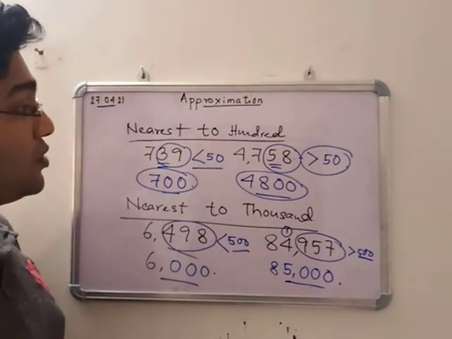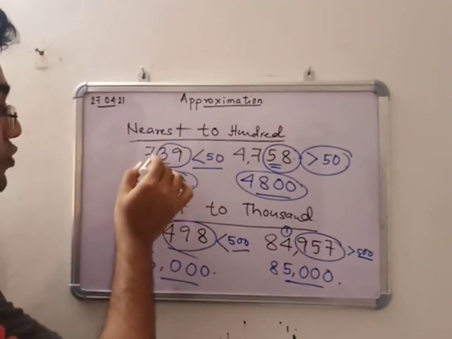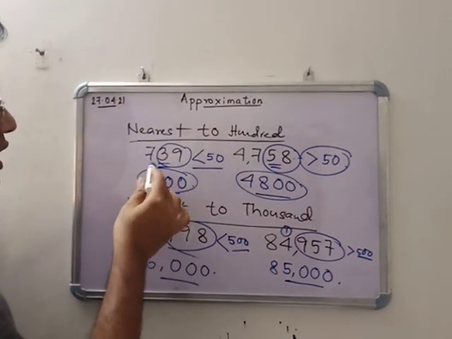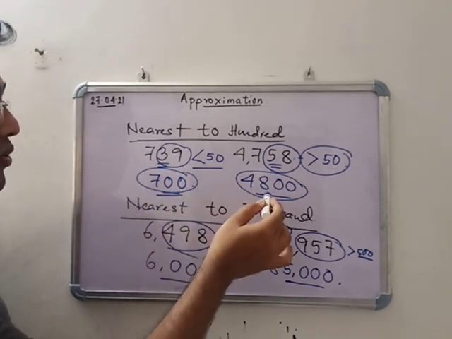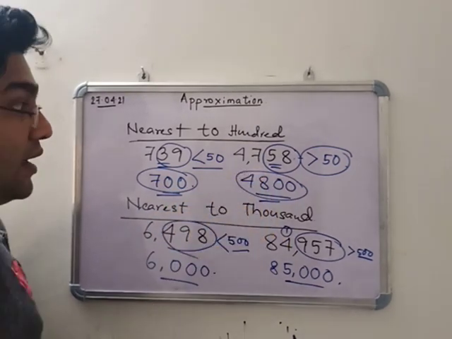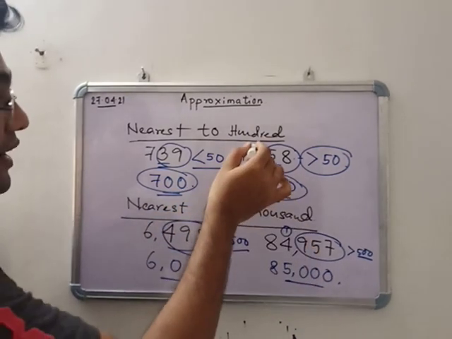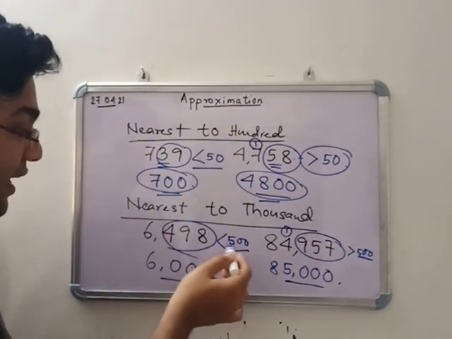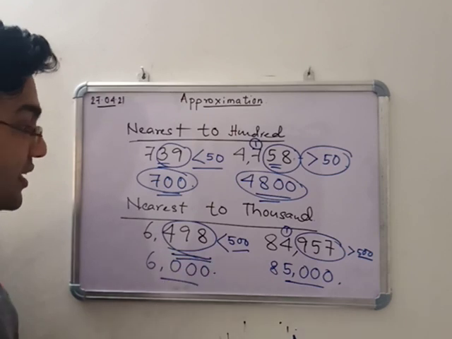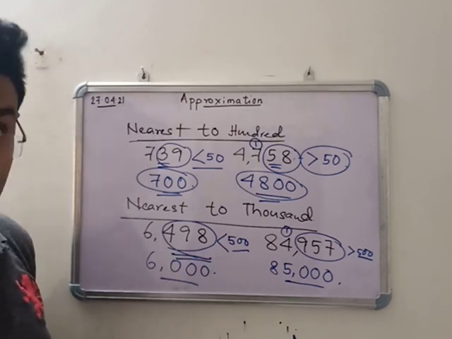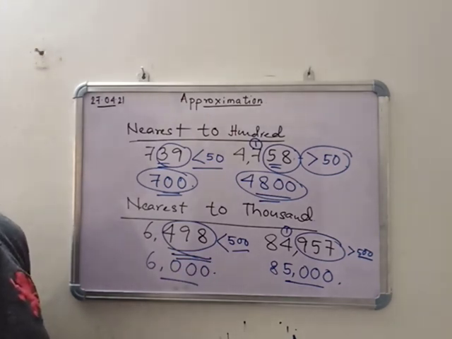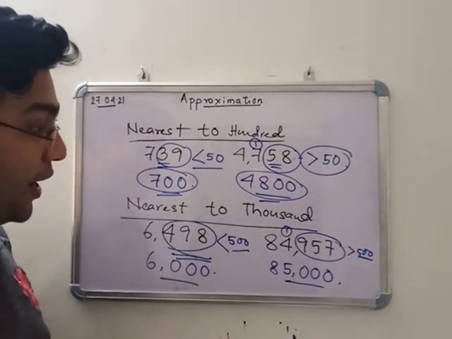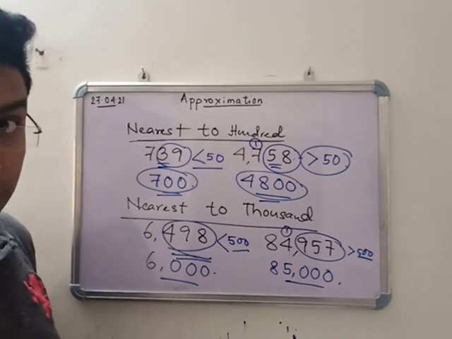So this is another process. We can check the last two digits, whether less than 50 or greater than 50, to decide whether to add or not, and you add in the 100 position. After seeing whether the last three digits are less than 500 or greater than 500 for 1000, you add in the 1000 position only.